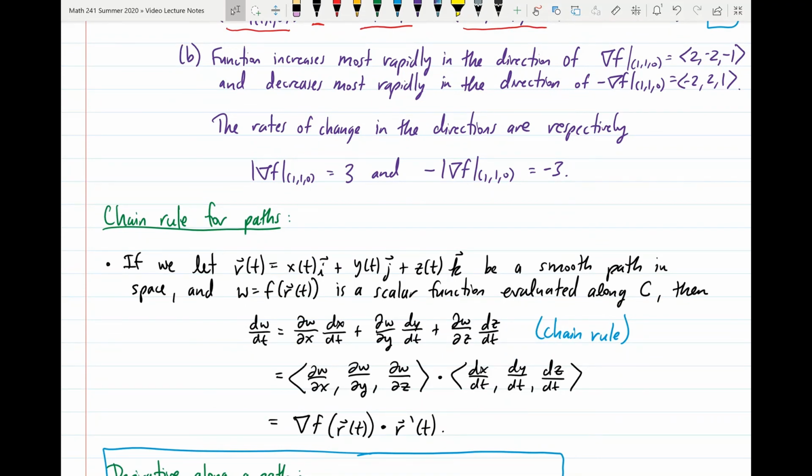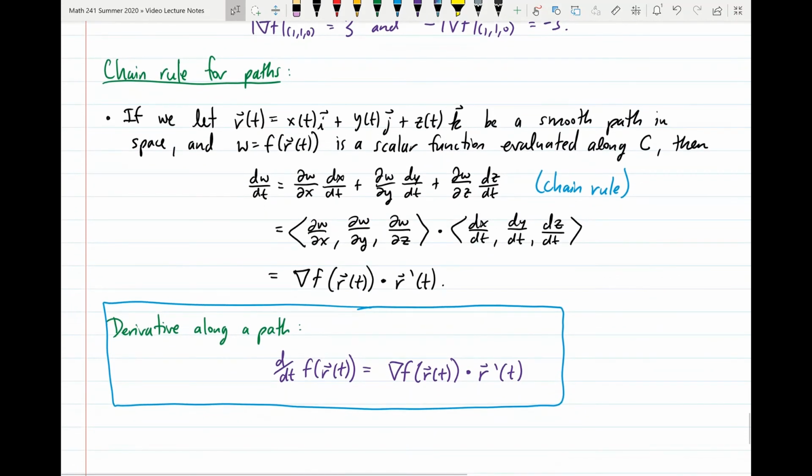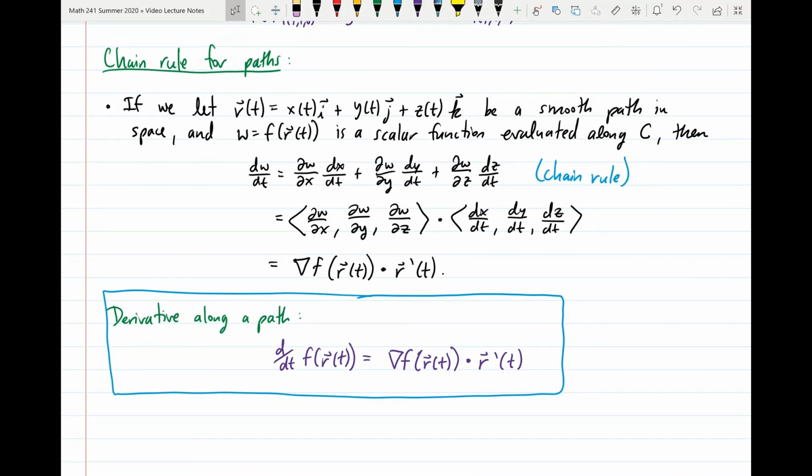Finally, the last thing to get through for this video, it's just a real short section here at the end of section 14.5. We are going to find a nice way to write down the chain rule for paths in space. So if we let r(t) equal x(t)i plus y(t)j plus z(t)k, so we have our component functions here, and it's a smooth path in space, and w is equal to f(r(t)).